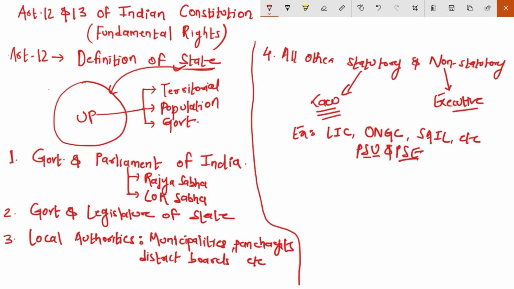Now, according to the Supreme Court of India, a private body or any agency working as an instrument of the state falls within the meaning of state.